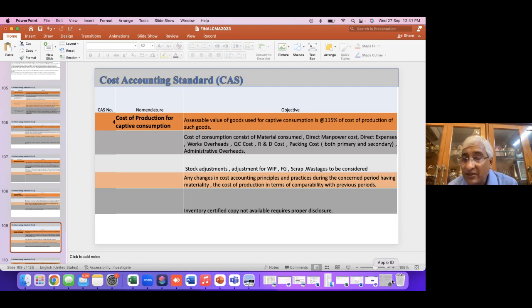So you have to compare under different cost heads. Is there any calculation being done mistakenly? Like that, you can go for different checks and balances to ensure that the information you are going to produce is accurate or near to accurate, and that appropriate costing principles are followed.